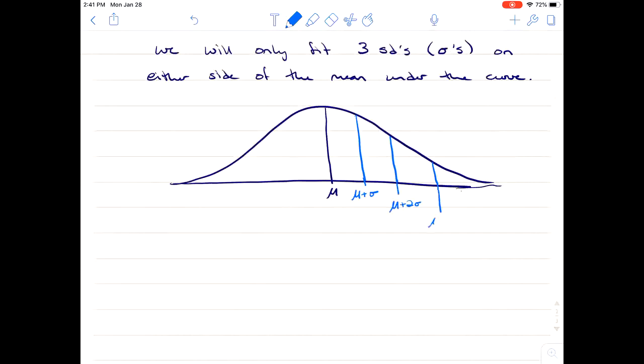So here we've moved to mu plus 3 sigma. We can do the same thing on the other side of the mean. It behaves the same way. So here we've got mu minus sigma, mu minus 2 sigma, and mu minus 3 sigma.